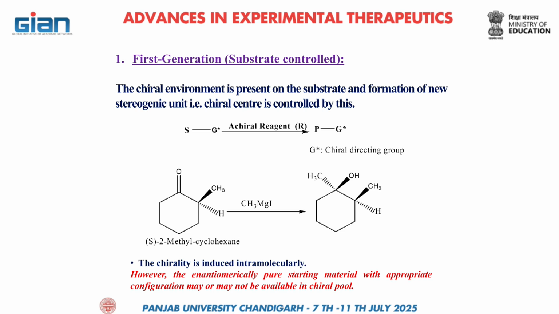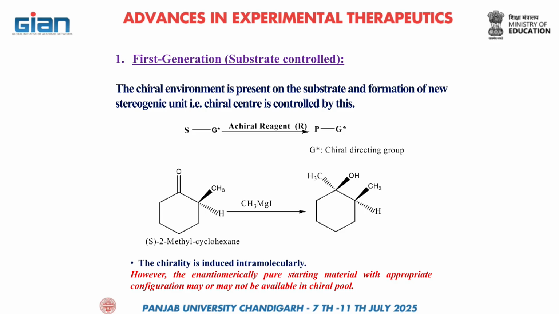Now see, if you have to perform a reaction with cyclohexanone, what is cyclohexanone? A 6-membered ring with a carbonyl unit. As we discussed earlier, the carbonyl unit is planar sp2. So if you have to introduce any group on the carbonyl carbon, you have a possibility of 50-50%, either from above the plane or below the plane.